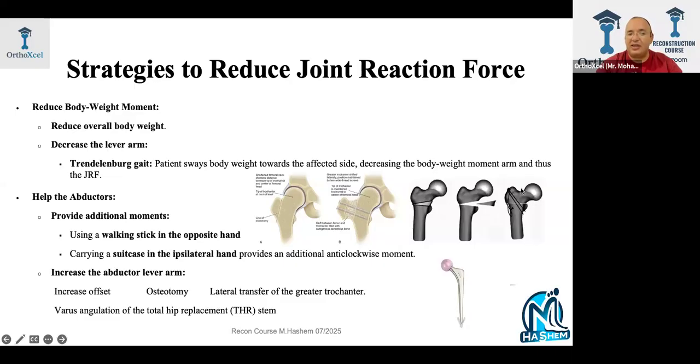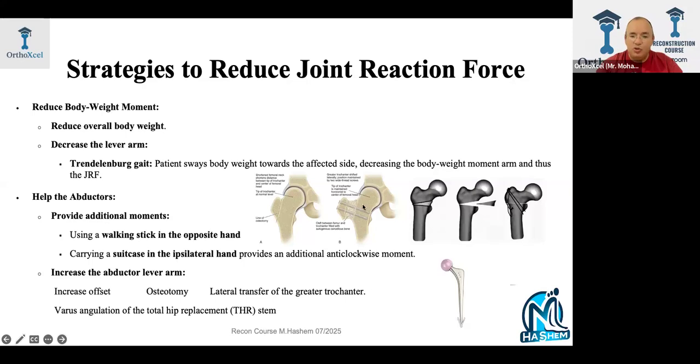Increasing this offset reduces the stresses the abductor needs to exert to maintain the pelvis in equilibrium, because the other limb is fixed, which is the body weight by its lever arm. So if you increase the lever arm of the abductors, this equals decreasing the stresses requested from the abductors to maintain the equilibrium of the pelvis, and this in total reduces the joint reaction force.